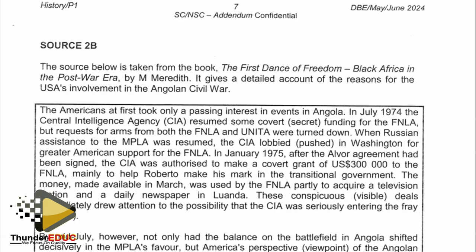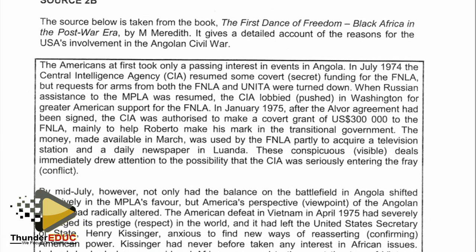We check here. The response, we find it here where it says, let's check here, when Russian assistance to the MPLA was resumed, the CIA lobbied, or pushed in Washington, for greater American support.